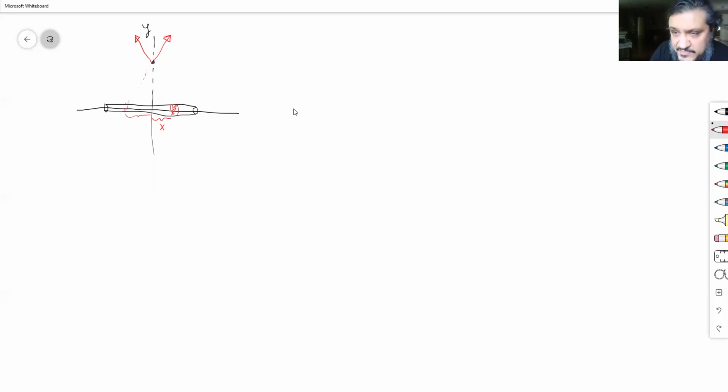Now, due to symmetry, these two angles are the same. Therefore, their x components will be pointing in the opposite direction, and also they will have the same magnitude. And these will cancel each other when you add two vectors. Their x components will cancel, but the y components will not.